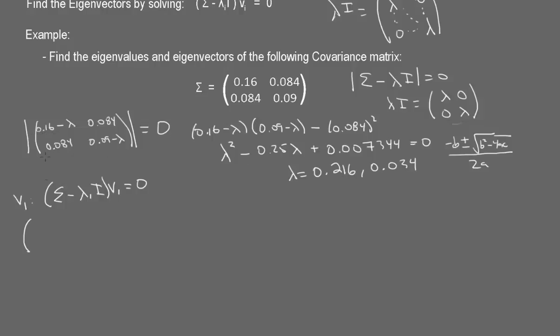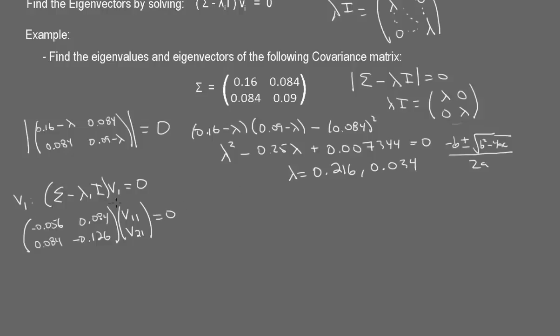So 0.16 minus 0.216 is negative 0.056. 0.084 is still just 0.084, and the same over here. And then 0.09 minus 0.216 is negative 0.126. Now we multiply this by our vector v1, which consists of v11 and v12, and we set that equal to 0.